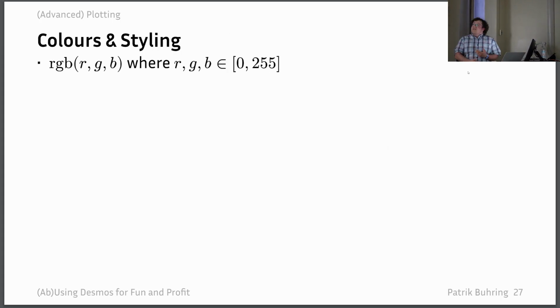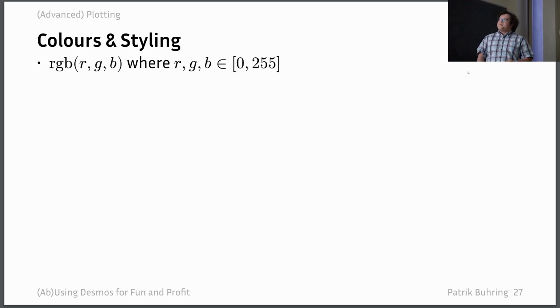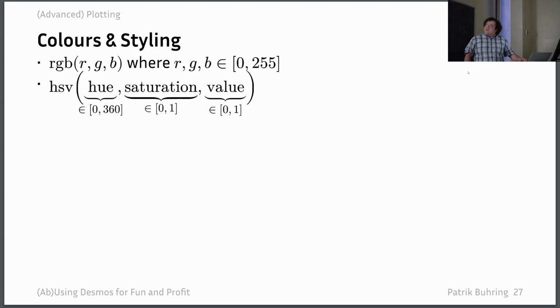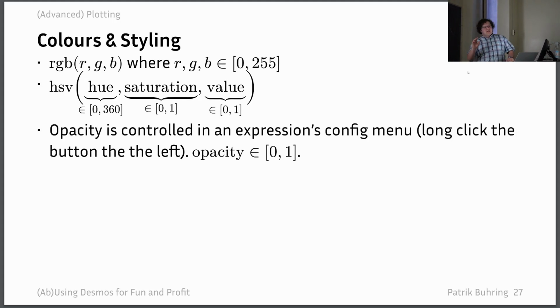For colors and styling, you can create colors and customize what things look like. If you say RGB, you get an RGB value. For HSV, you get hue, saturation, and value. If you've done any kind of computer graphics, you'll know what this means. In essence, you're spinning around a color wheel with the hue, and the saturation is how much it looks like a pastel color.